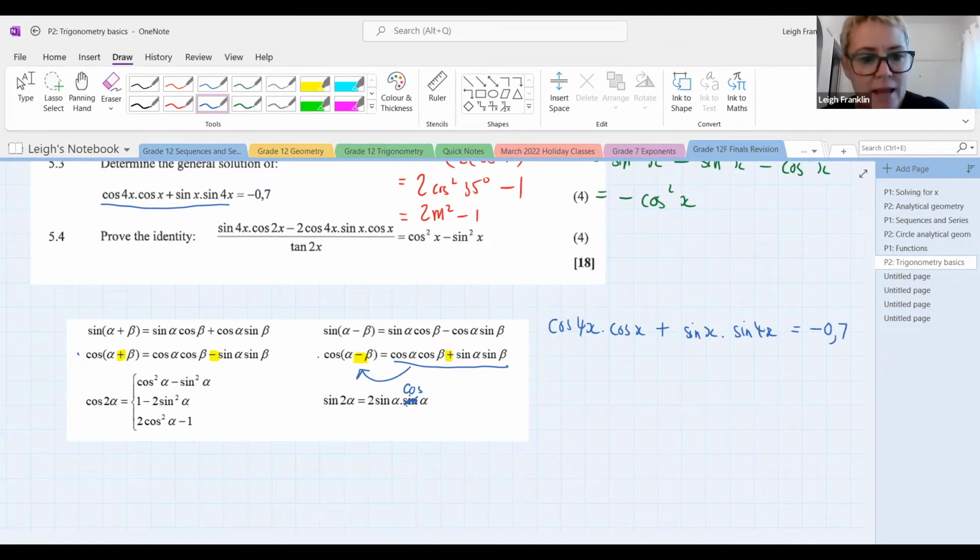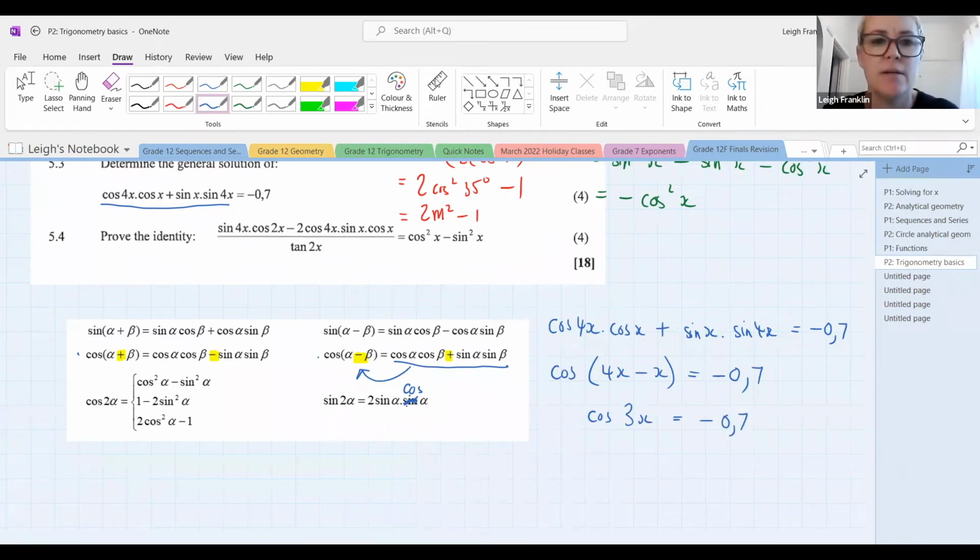I can write that as cos(4x − x), and that will leave me negative 0,7. So essentially what I've got here is cos 3x equals negative 0,7. Okay, good. Well done, everybody.